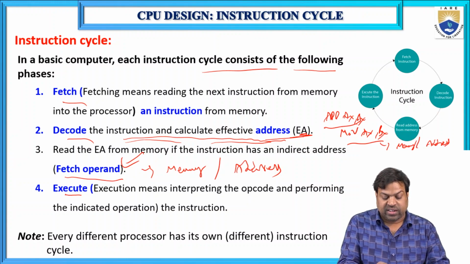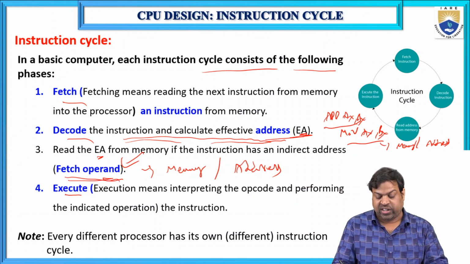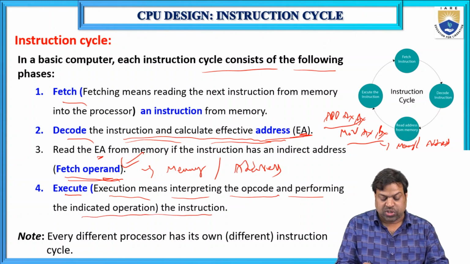So read the effective address from the memory. If the instruction has an indirect address, not a direct address, then it goes to fetch operand. Then it goes to execute. Execution means interpreting the opcode and performing the indicated operation of that instruction. Okay, add ax comma bx.